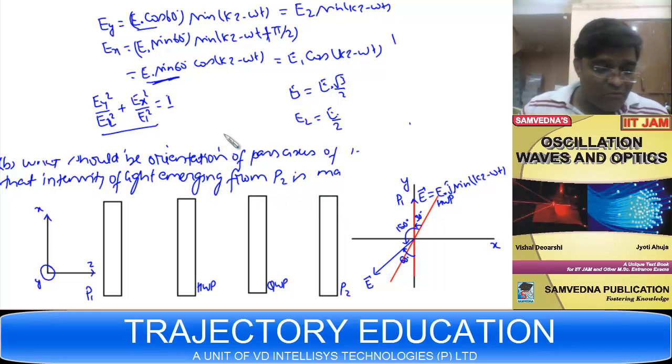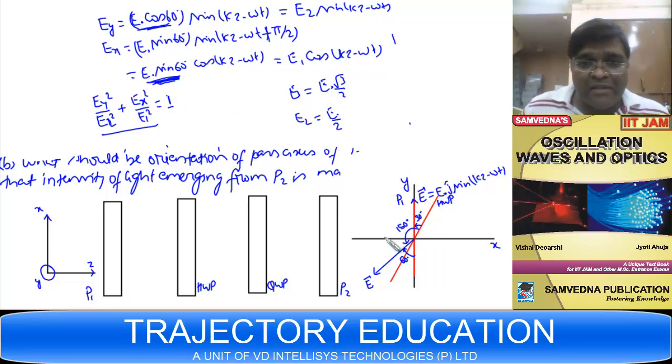Now one of the questions says what should be the orientation of the pass axis of P2 with respect to the pass axis of P1 such that the intensity of light emerging from P2 is maximum. See, which one is higher, E1 or E2? You find that the intensity of X vibration is higher, the intensity of Y vibration is small.